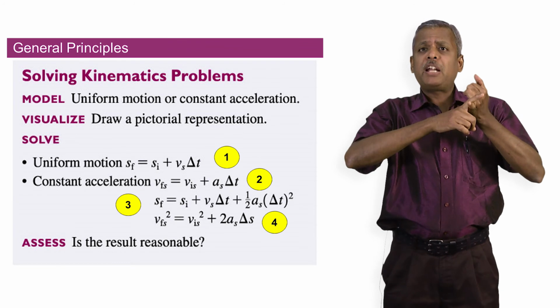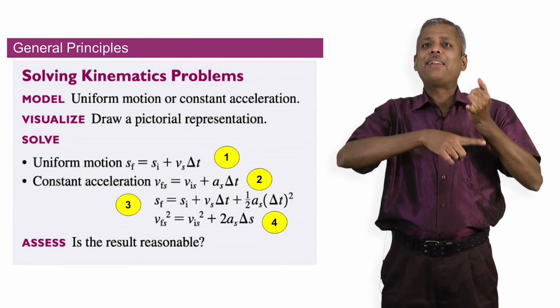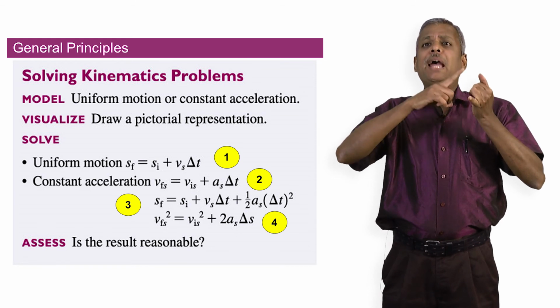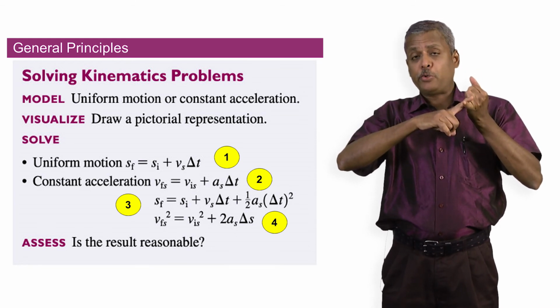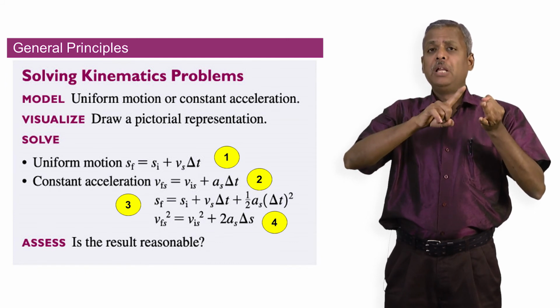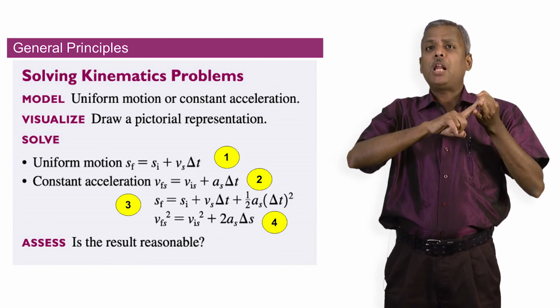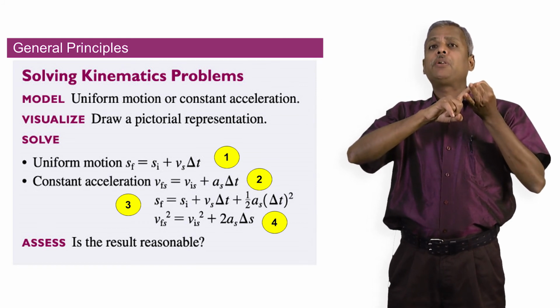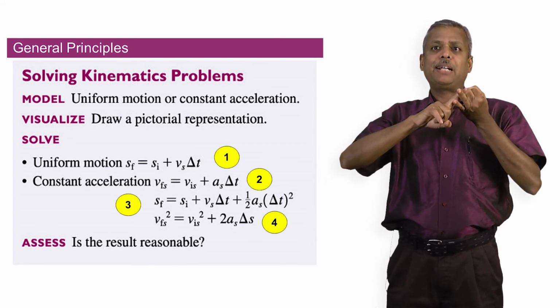You may ask, why do I need 4 kinematic equations to solve the problems? The first kinematic equation, as I said, is the relation between my initial and final position and the velocity with respect to time. The second equation which I showed you is the relation between initial velocity and final velocity with acceleration and time.